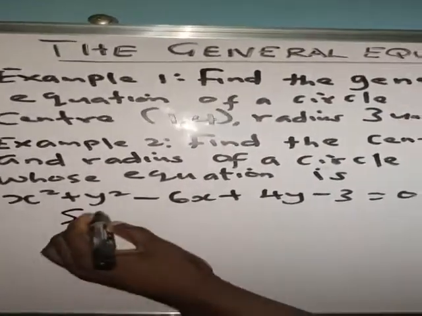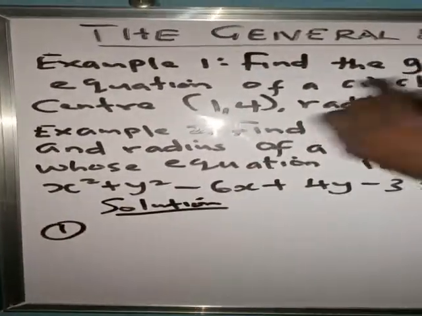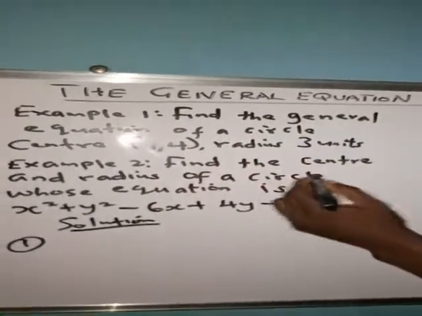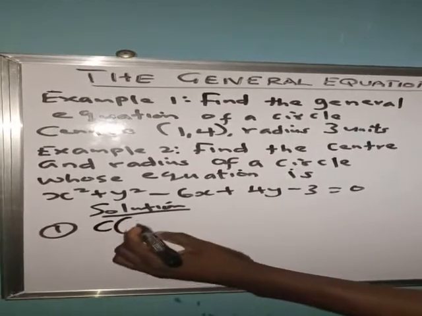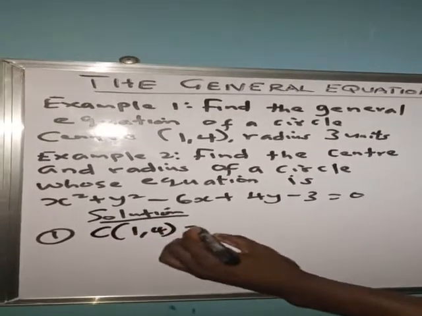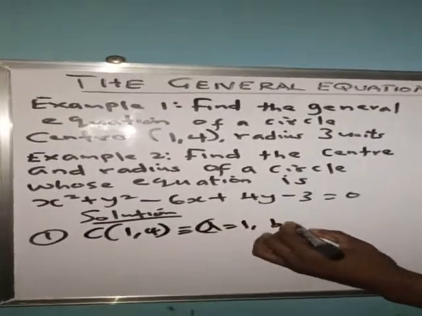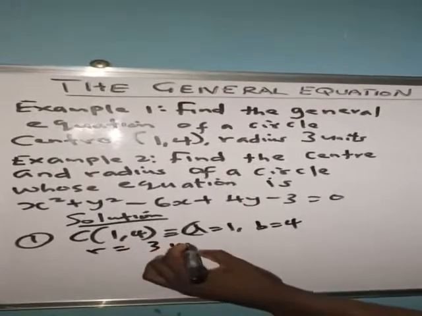The solution to example 1. Number 1. Find the general equation of a circle, center (1, 4) and radius 3 units. Now this is your center (1, 4). That means a is 1 and b is 4, and your radius is 3 units.